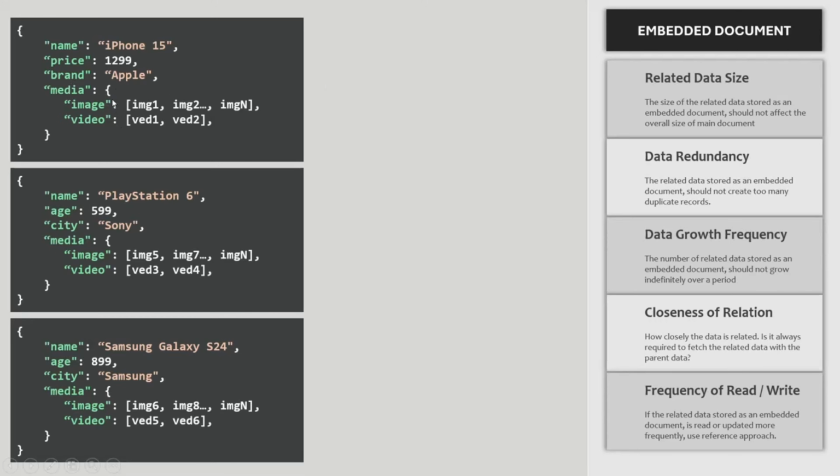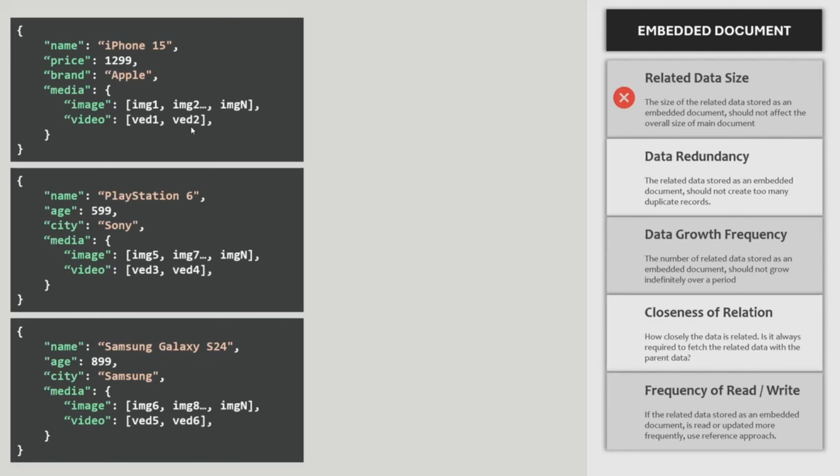But the product document can also have fields like product description, the model of the product, the color of the product, and many more fields. So the product document's size will already be big, and in the same document we are also storing the media for that product, which is also going to be quite large. So in that regard, the size of this embedded document can be a problem.